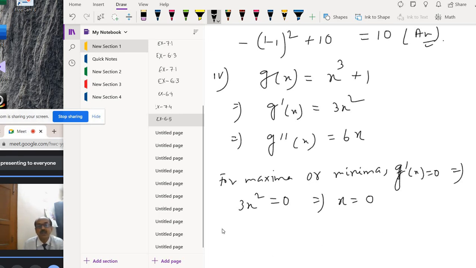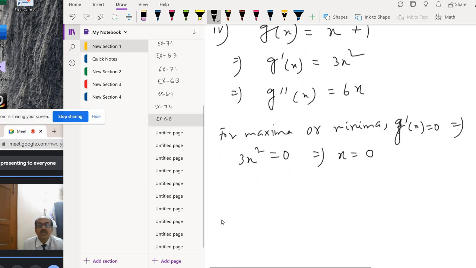Now at x equal to 0, the second order value g double dash x equal to 6x, 6 into 0 equal to 0.